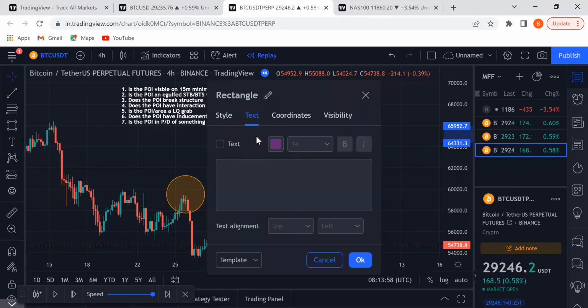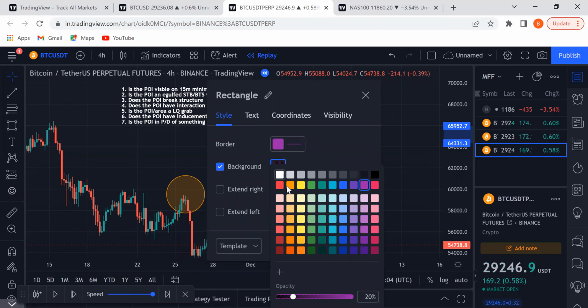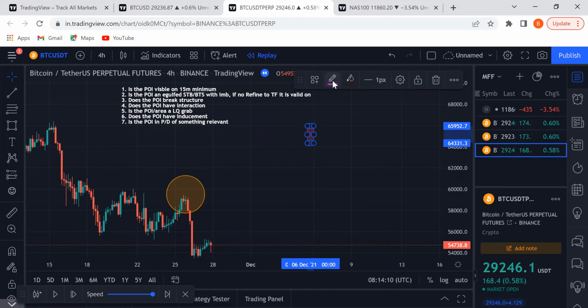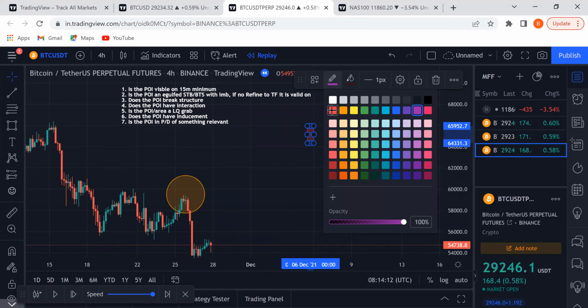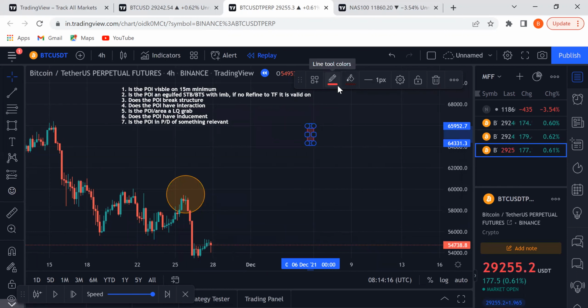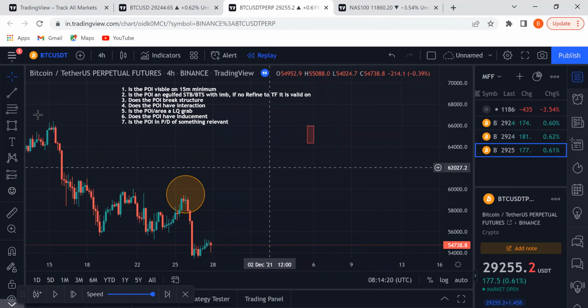Let me make it red color. So this is a sell candle, for example.